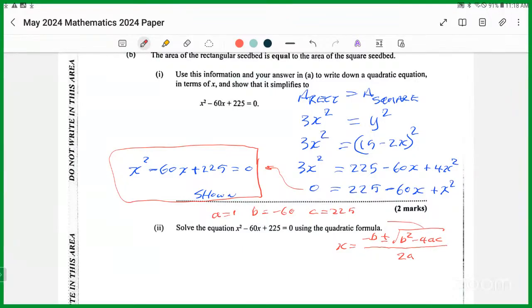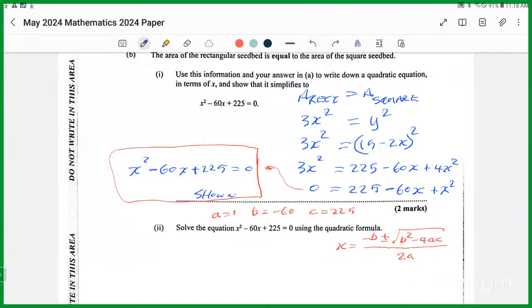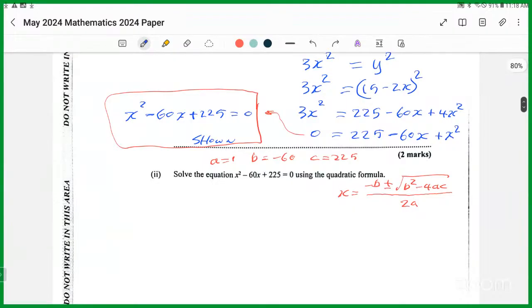We plug in those values in this quadratic formula and then work out and see what we get. So x is going to be equal to minus b. When we minus a negative 60, we're just going to get a positive 60. If you want to put minus negative 60, that's okay. Plus or minus the square root of b squared.